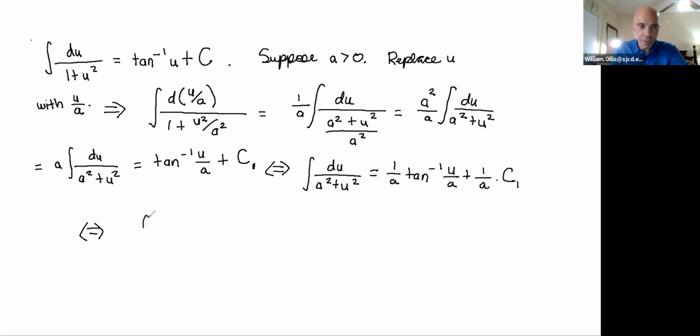So we end up with the integral of du over a squared plus u squared, again a very famous form, equals 1 over a inverse tangent of u over a, plus a constant.